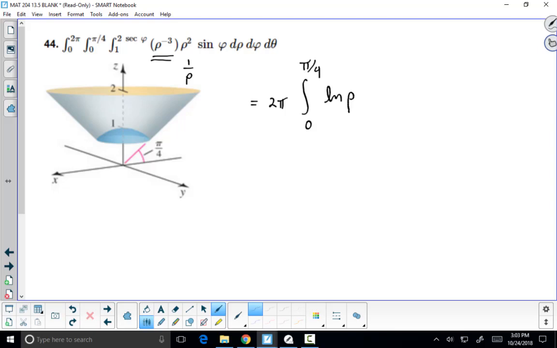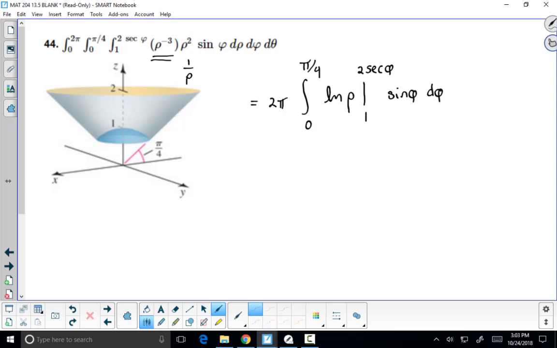We don't need absolute values because rho is going to be positive. Now we still have the sine of phi out there, but we can move it to the side.